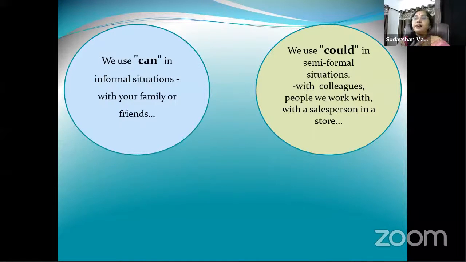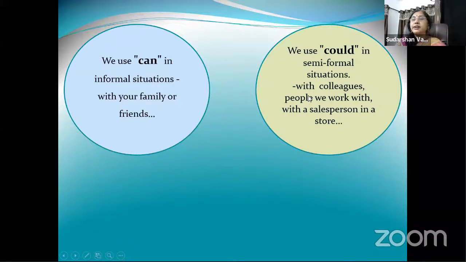So when you is used both as a word of respect and as a casually used word, we need to choose the modal auxiliary correctly to bring out this difference. So can is used in informal situations, while could is used in semi-formal situations.